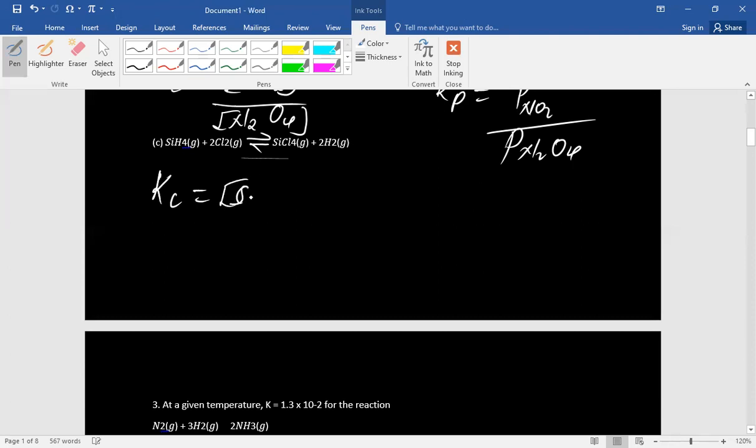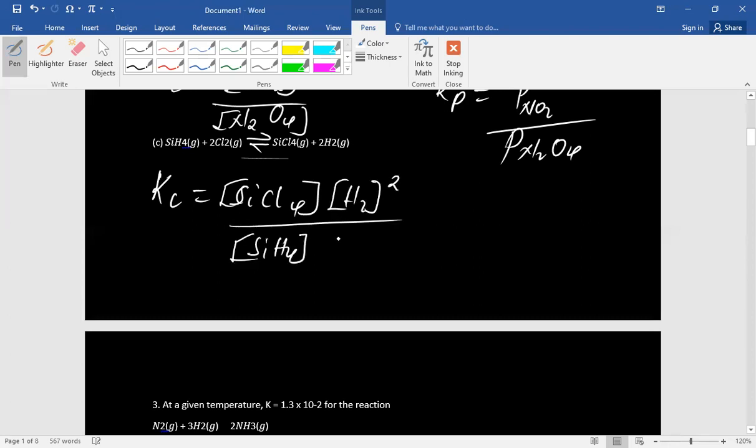Kc is equal to the concentration of SiCl4 times the concentration of H2 squared over the concentration of SiH4 times the concentration of Cl2 squared. And your Kp is as simple as that. Since everything is in the gaseous state, remember, that's the reason why we can get the Kp.